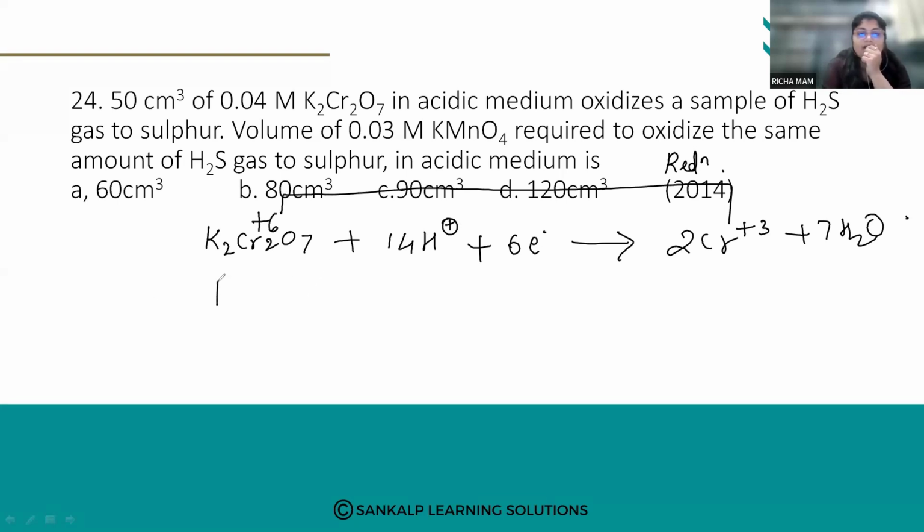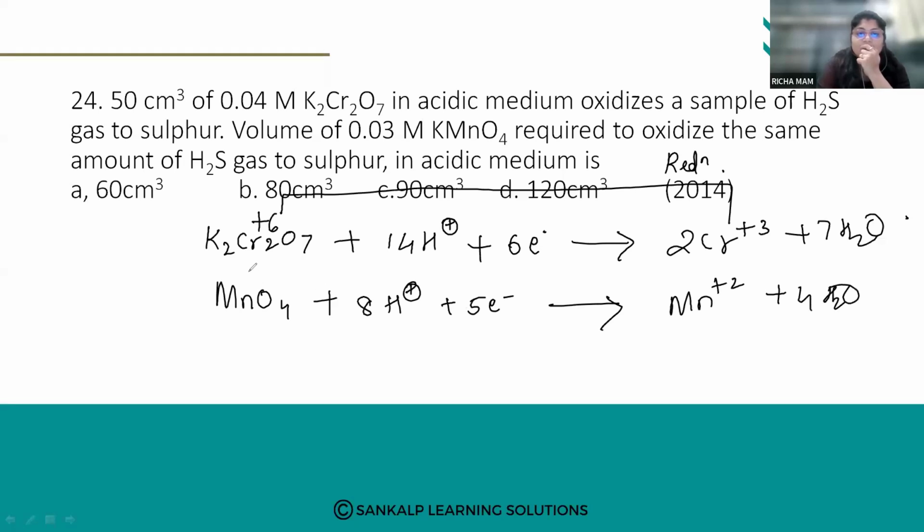Now MnO4 minus, again in acidic medium, plus 5 electrons gives Mn plus 2 plus 4 H2O. Each oxygen is minus 2, so 2 into 4 is 8, minus 8, and this is plus 8.